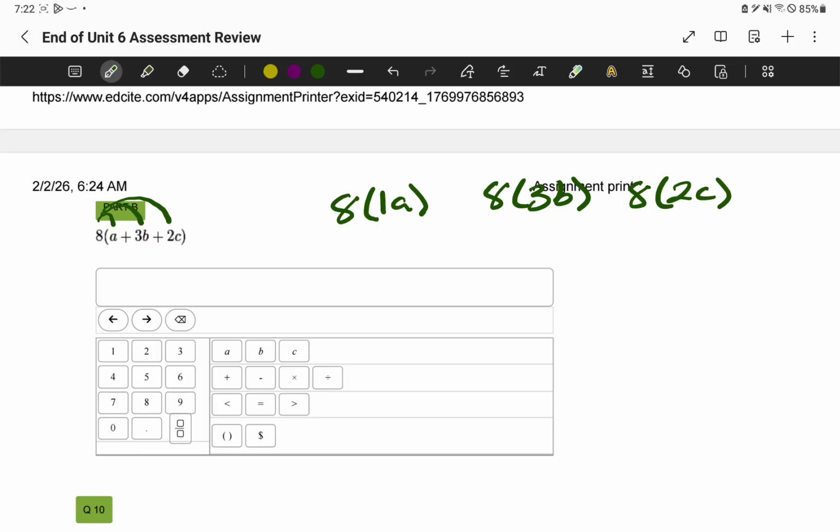Well, 8 times 1 is 8, so that's 8a. 8 times 3 is 24, so 24b. 8 times 2 is 16, so 16c. Those are both plus signs, so plus. And that's it. Okay? It's just multiplication. Just don't forget the letter if it was there. Okay? Keep your variables.